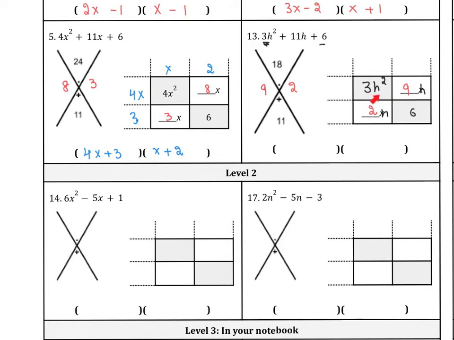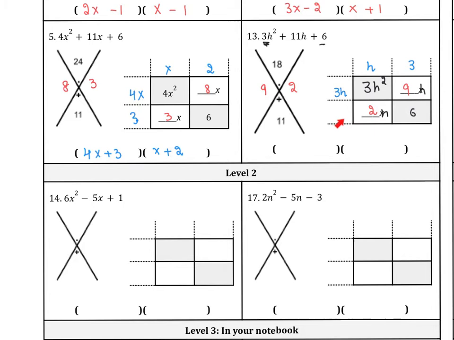The GCF of the first row is 3h. That's going to go out. You multiply here with 3h to get 3h squared, and that's going to be h. You multiply something here to get 9h, and that is going to be 3.